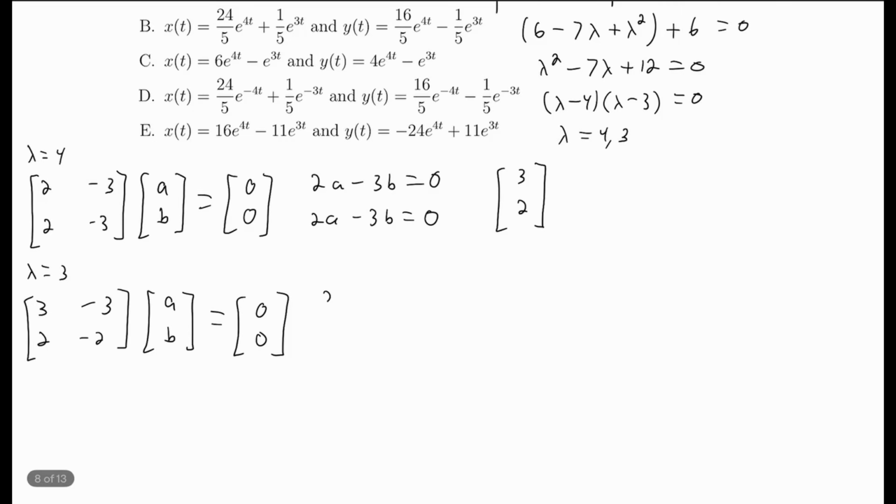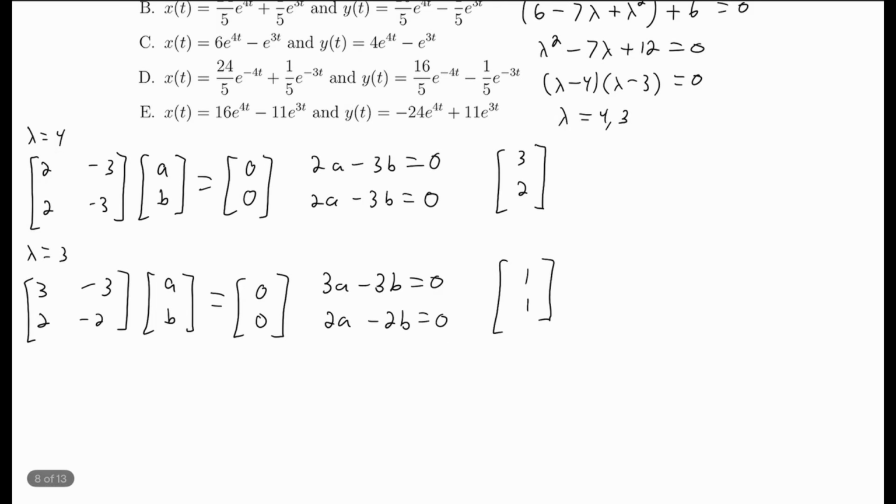Multiplying this out gets 3a minus 3b is equal to 0, and 2a minus 2b is equal to 0. So a and b have to be equal. The easiest vector to pick here is just (1, 1).